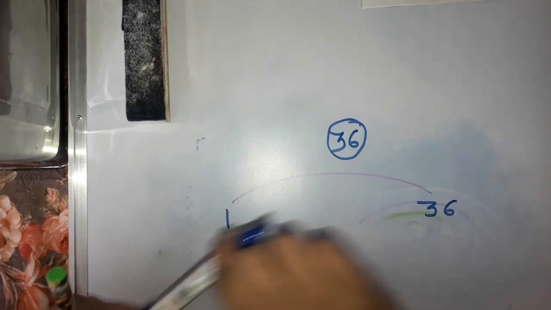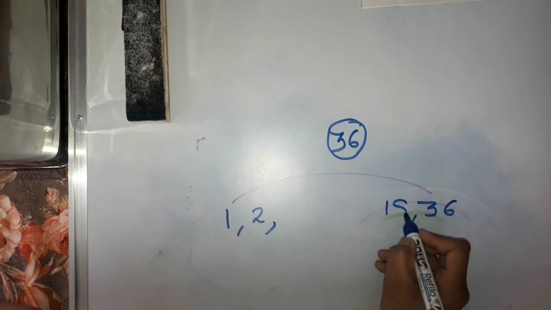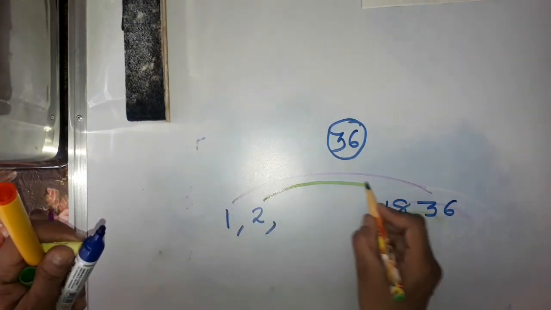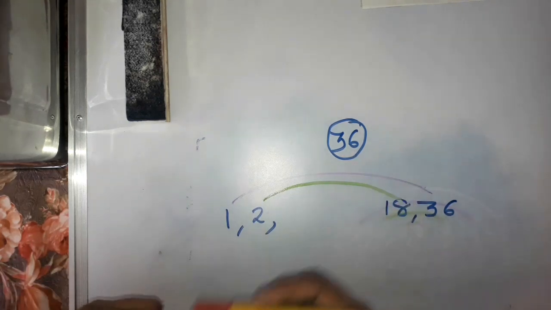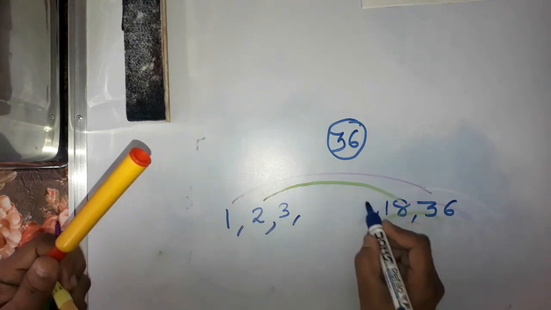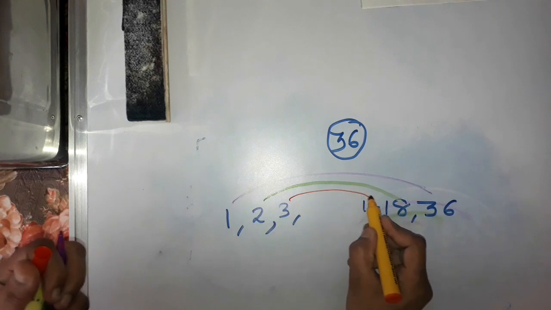Now second number, 2 into 18. They are the factors again. Now is the number divisible by 3? Yes. 3 into 12. So 3 12s are 36.